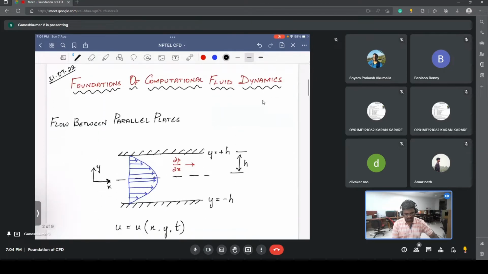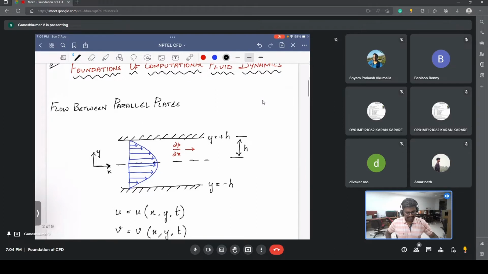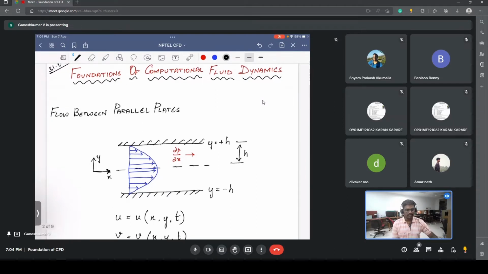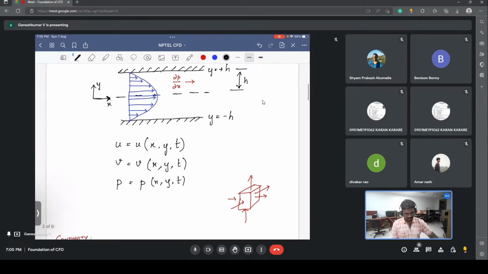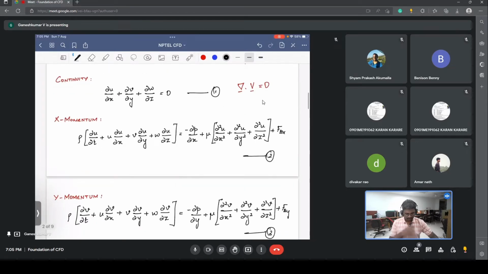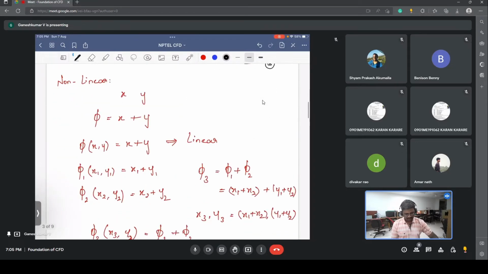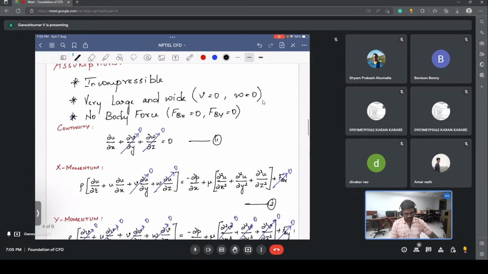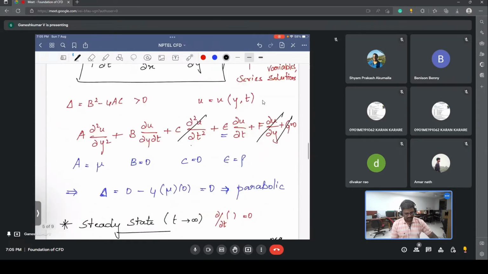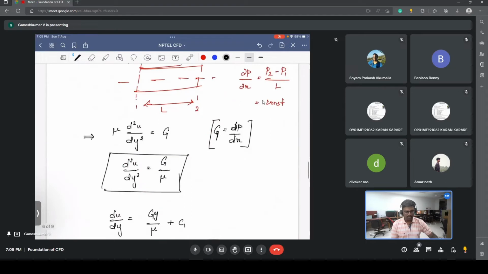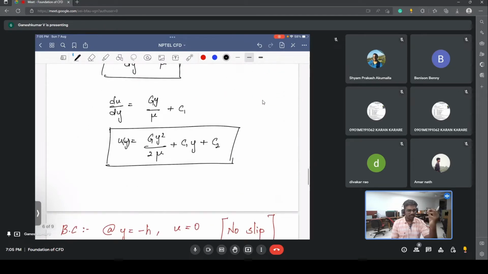Last session, we were able to develop a solution of the Navier-Stokes equation for a simplified flow problem, which is flow between parallel plates. We simplified the equation using some assumptions and were able to get a velocity profile as an end result.